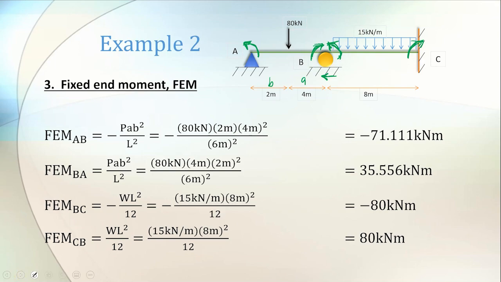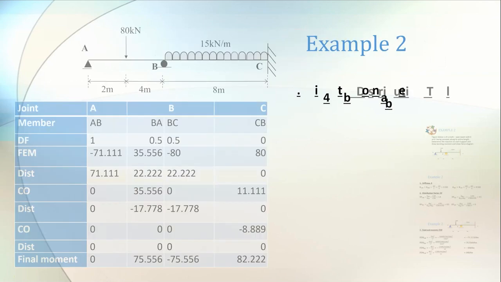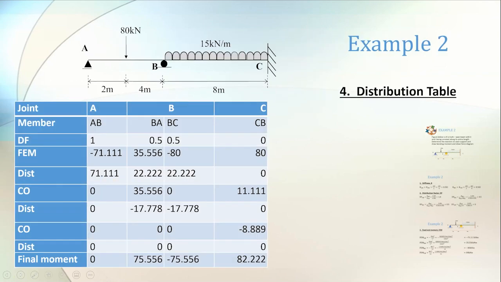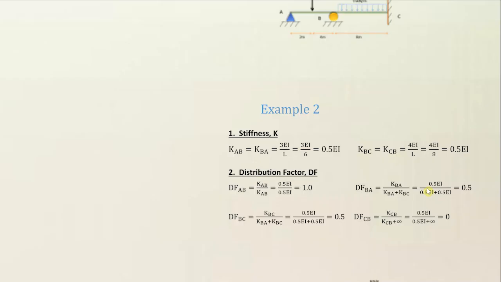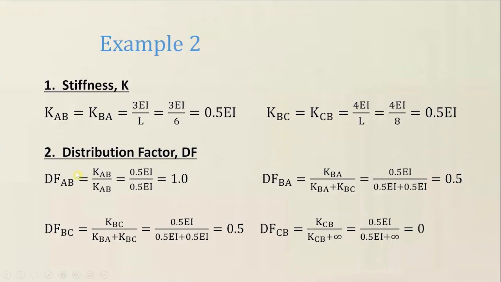Then we move to the next step, which is the distribution table. For the distribution table, again, you have to do the same table as what you did in example number 1. Fill in all the values for the distribution factor and the fixed end moment that you dapat earlier, which is this one, must be according to the member.